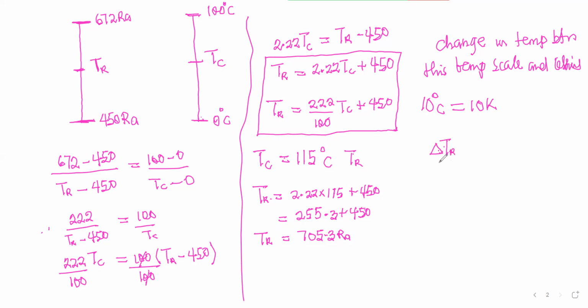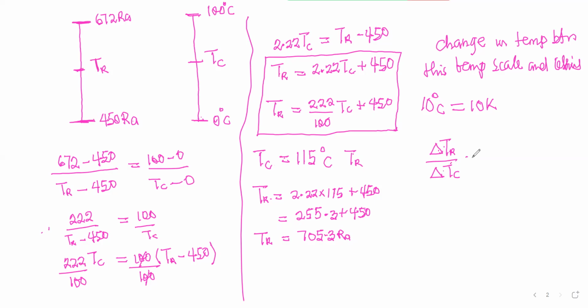Delta TR over delta TC. So if R is the numerator and TC is the denominator, then it is between this scale and Celsius. If it is delta TC over delta TR, then it is Celsius against this scale.